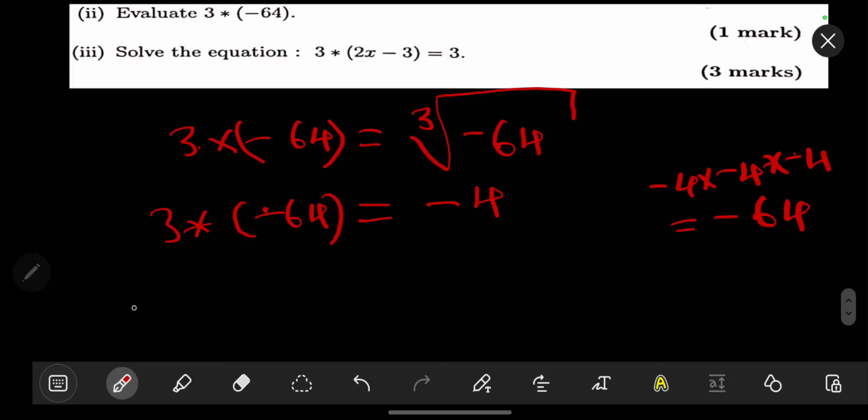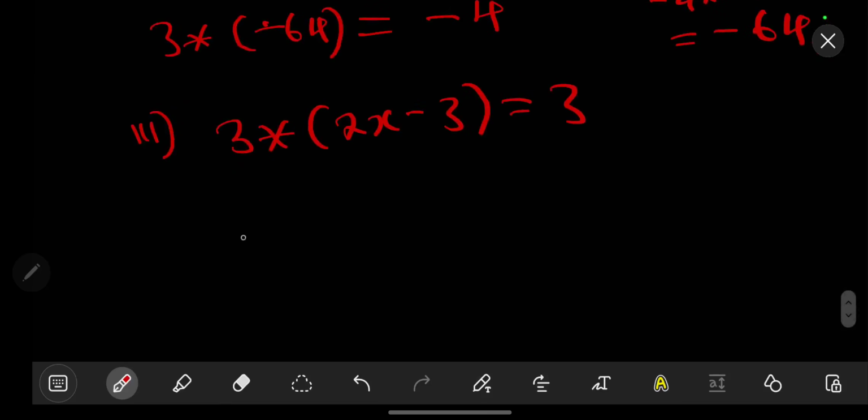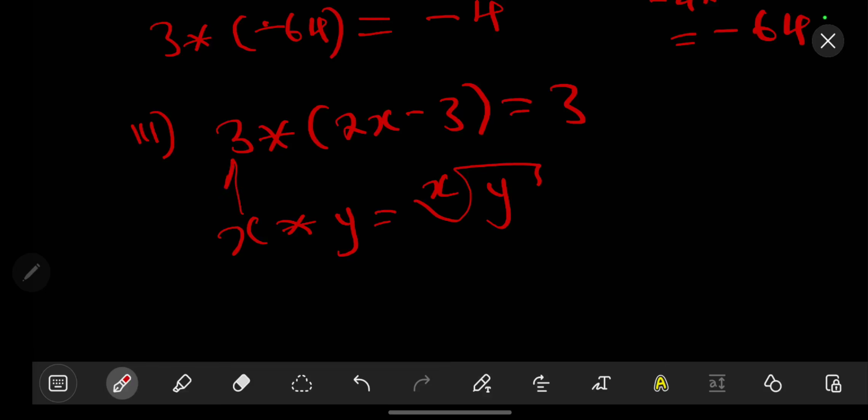Let's solve the equation, which says that 3 star (2x - 3) should be equal to 3. We know that x star y is equal to the x-th root of y. So this means that where there is x, it should be equal to 3.